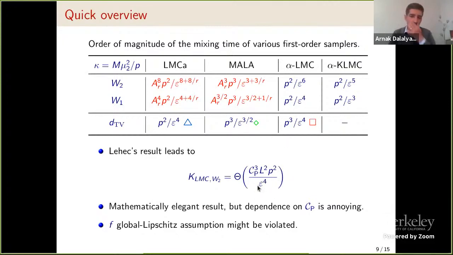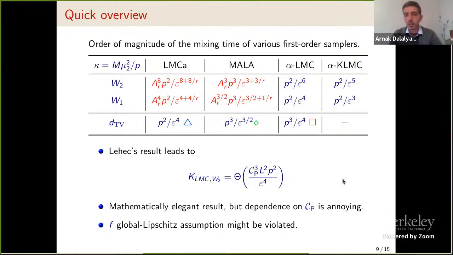The dependence on epsilon is to the power 4, so it's not better than what we have here. And the annoying thing is that there is this Poincare constant which pops up here, which might depend on the dimension, and for which we don't have any good control as for now.